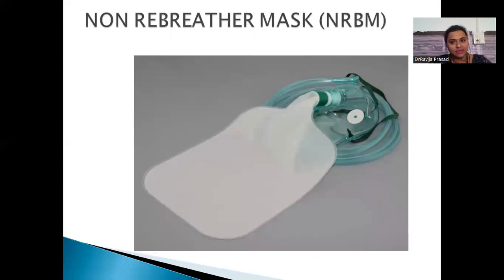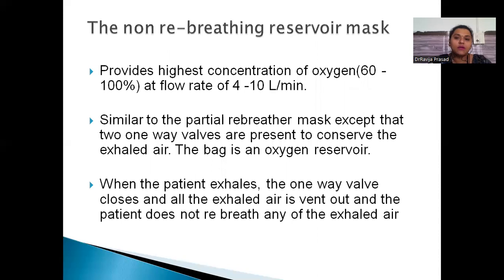Now, the non-rebreathing mask, also called NRBM. The non-rebreathing reservoir mask is the second type of mask. It provides the highest concentration of oxygen, that is 60 to 100% oxygen at a flow rate of 4 to 10 liters per minute.